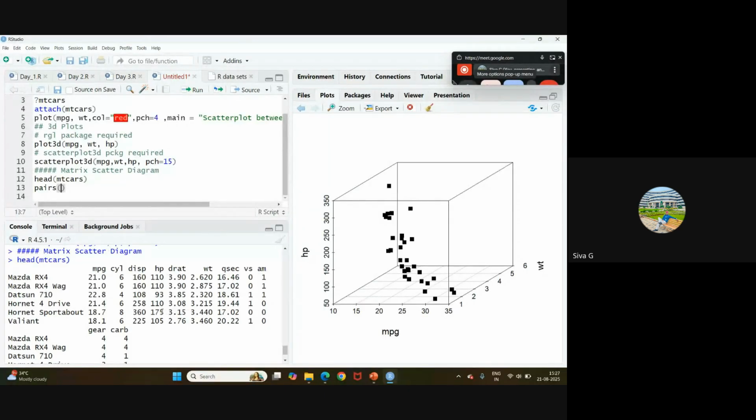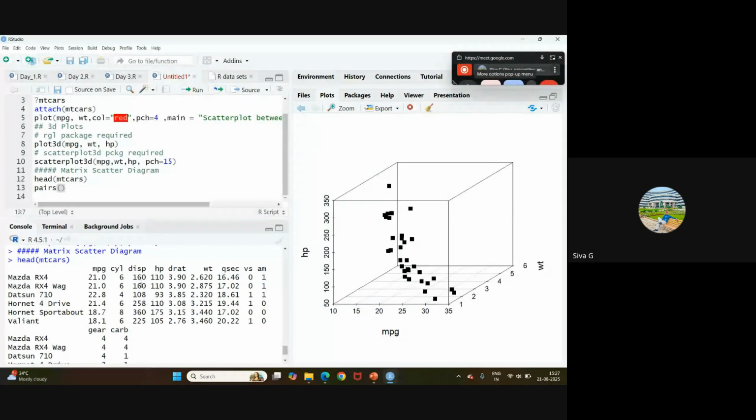Why? Because we should not draw a scatter diagram for count data. We know this, right? Histograms and scatter plots are all continuous data plots. Whenever the data is continuous, only then do we draw them. So we should not draw a scatter plot for categorical or discrete data. See here, cylinder is the number of cylinders in the data, so it is discrete.